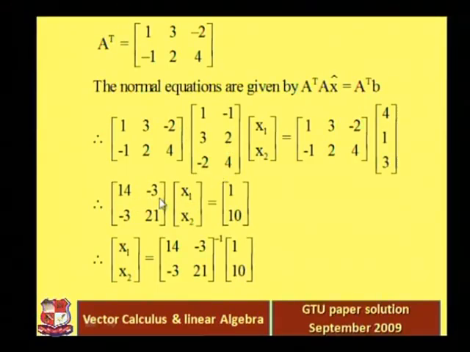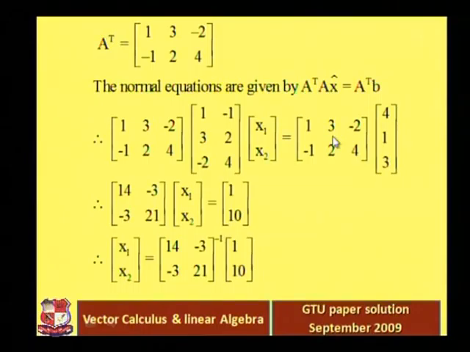Similarly you will get the second row. So the first row is 14 minus 3, and the second row is minus 3 21, times x1 x2, equal to the multiplication of these two matrices. This is a 2 by 3 matrix and this is a 3 by 1 matrix.